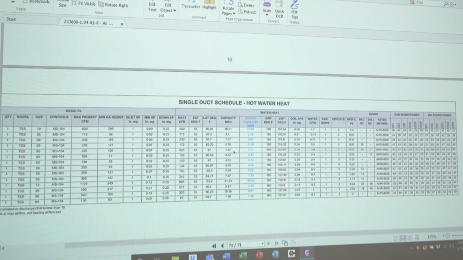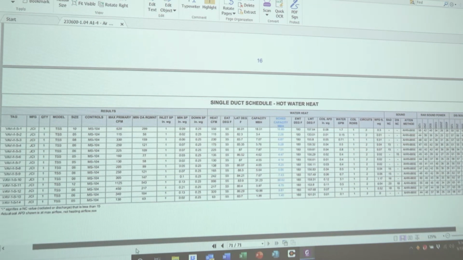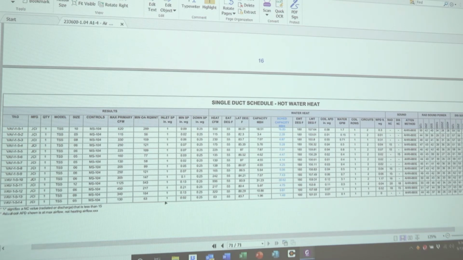So when you look at these VAV box schedules, all the information related to the physical performance of these VAV boxes is listed. And you'll see that each one of them is individual in the submittal per system and floor.